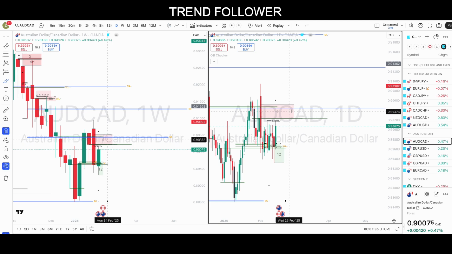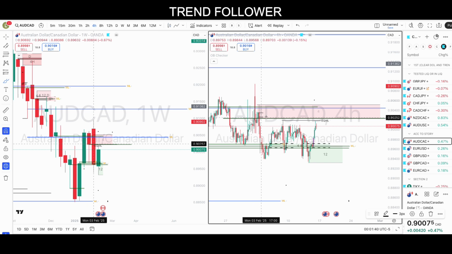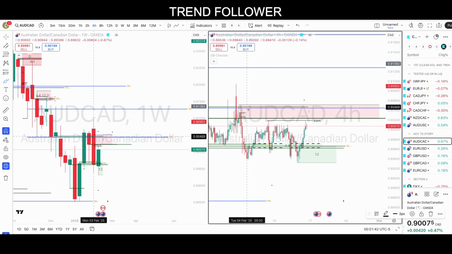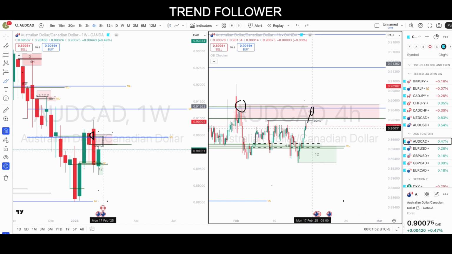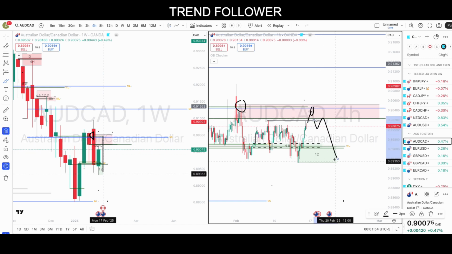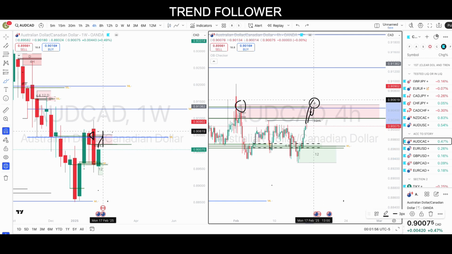So what I want, there is a really good 4-hour supply here. Look at this beautiful 4-hour supply. The only thing I don't like about it is again this long wick, right? So what I would like to see is this coming here and forming another supply, and then I will trade it, right? So I think something like this can happen.